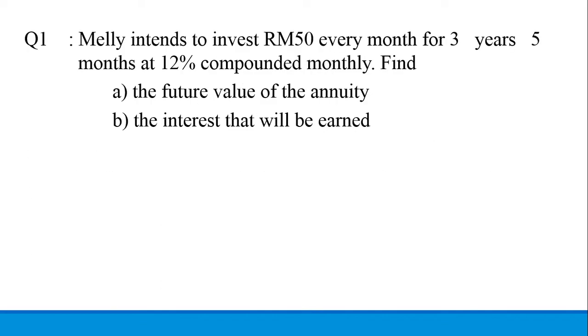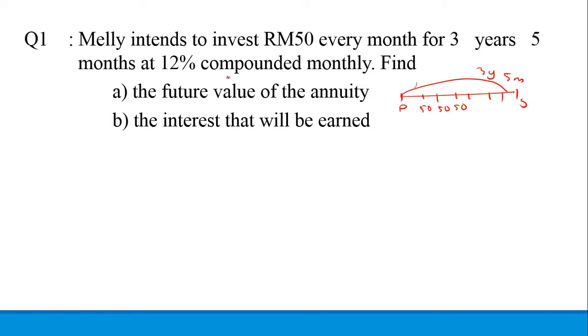Let's say for this case, Mary intends to invest 50 ringgit every month for 3 years 5 months at 12% compounded monthly. Find the future value. I do it like this. You have a P and an S. When they say invest every month, you know it's an annuity, because you have a commitment to invest 50 ringgit every month until 3 years 5 months.